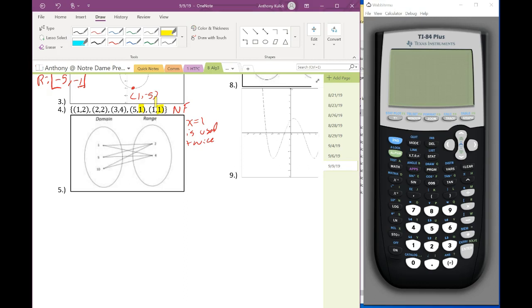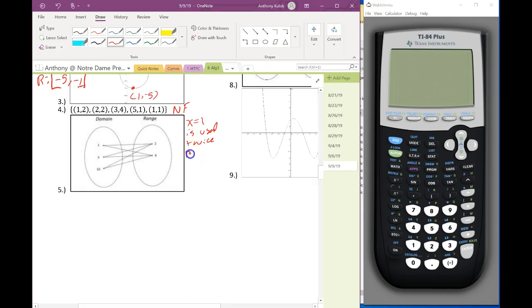Our problem with it being a function is that 1 is used twice as an x-coordinate. So I just want to make sure I'm specific there, because if you just say 1 is used twice, the reader isn't sure whether you're talking about x's or y's or x and y's or exactly that. So just be a little bit careful about being specific there. But absolutely the right idea. You're just looking at the x-coordinates and looking for a repeater.